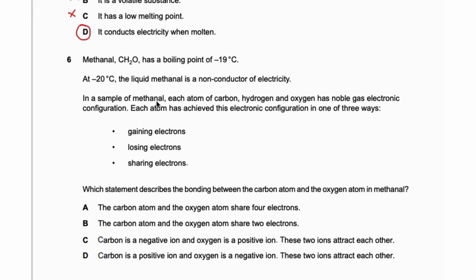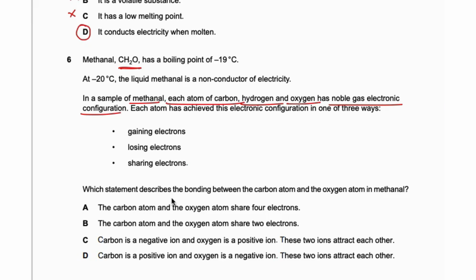In a sample of methanol, each atom of carbon, hydrogen and oxygen has a noble gas electronic configuration. Each atom has achieved this electron configuration in one of 3 ways: gaining electrons, losing electrons, or sharing electrons. This is an organic compound. All the bonds here are made by sharing electrons.